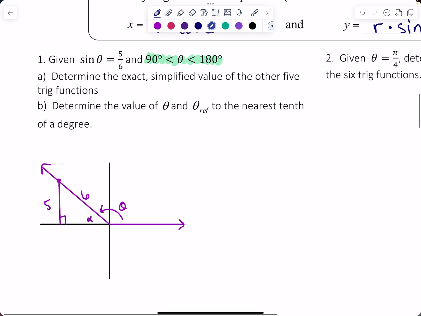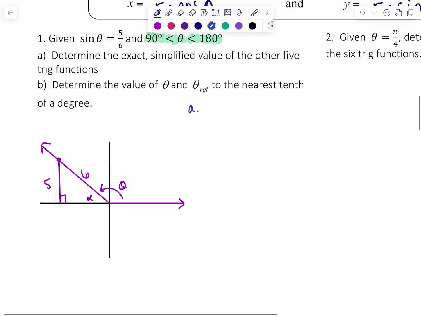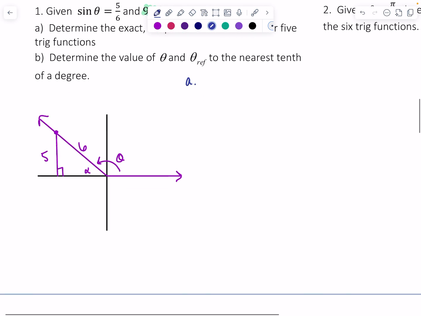So the things that we don't know here, I'll go ahead and zoom in, is that we don't know our x value, but we can easily solve for our x value by saying that 6 squared is equal to 5 squared plus x squared.